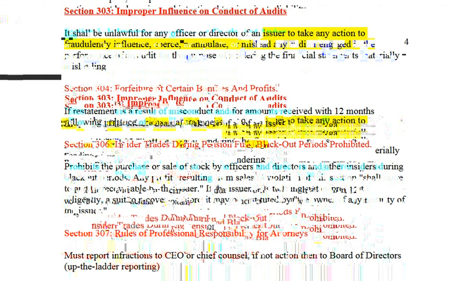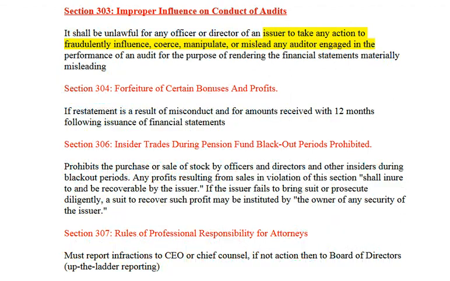Section 303, Improper influence on conduct of audit. It shall be unlawful for any officer or director of an issuer to take any action to fraudulently influence, coerce, manipulate, or mislead any auditor engaged in the performance of the audit for the purpose of rendering the financial statement materially misleading.